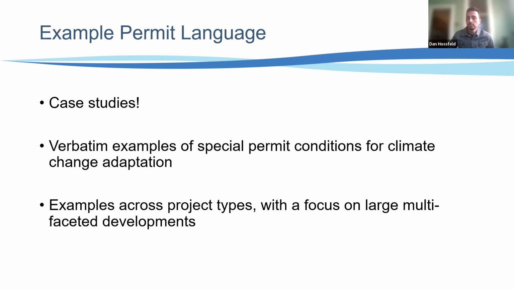We tried to include a whole breadth of project types in this section to offer ideas on how to write out resilience requirements. This section includes explicit language on adaptation, such as that trigger approach that we've talked about, requiring permittees to plan for adaptation based on events such as observed flooding or observed sea level rise. We focus mostly on the largest projects that BCDC sees.